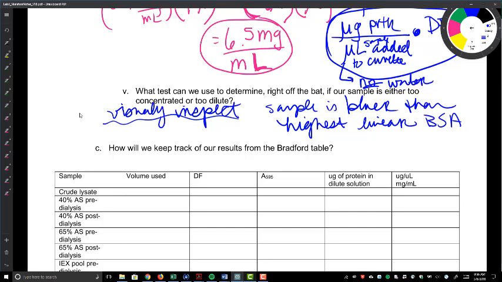Just go ahead and dilute that guy down, because if it's looking like the highest standard, it's going to be at the higher end of your curve anyway, and it's going to be better for you to dilute it down so it's at the middle or near the bottom, so you can use it. So be vigilant, watch that blue intensity, and trust your eyes.